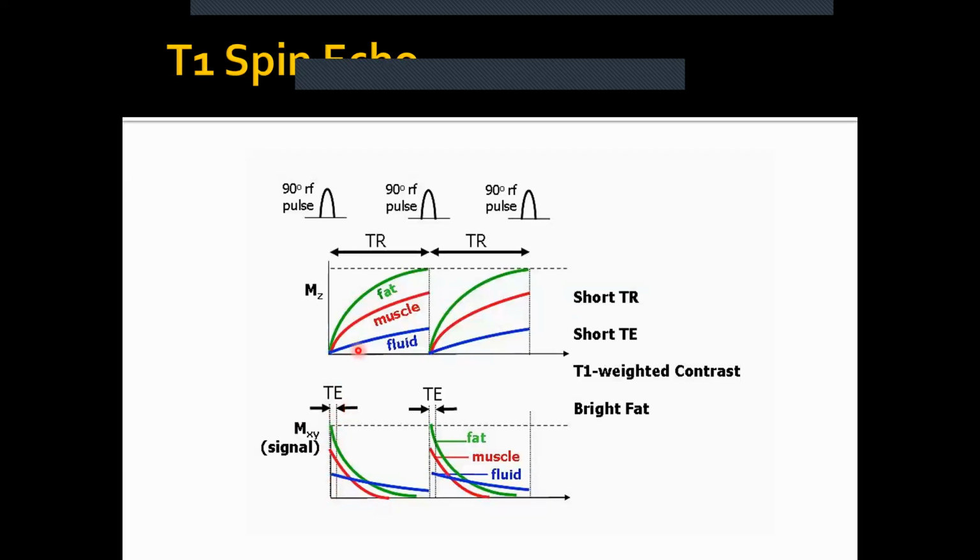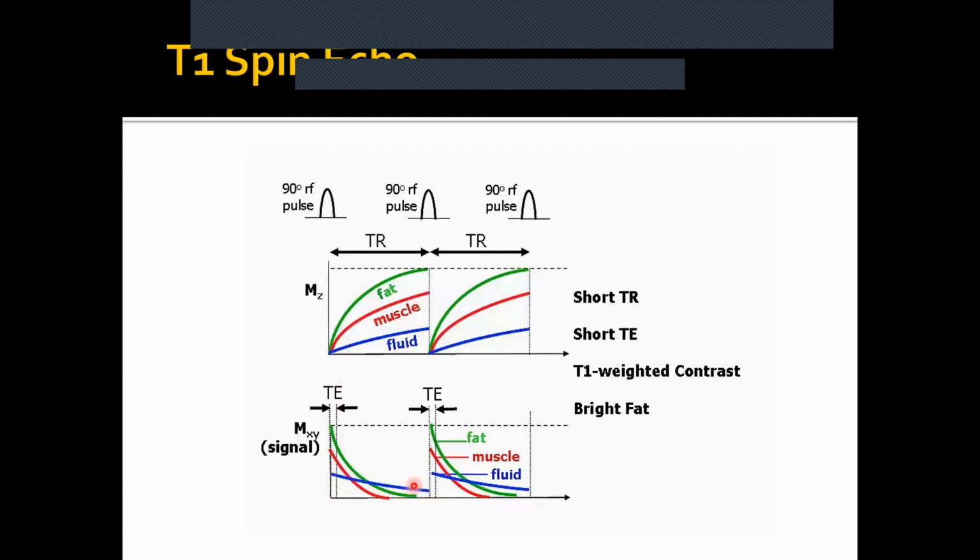So if you measure early, you get a lot of that released energy coming off the protons in this beginning phase. Whereas in the later phases, fat and muscle don't have any energy at all, and by comparison, fluid now has more energy than fat and muscle. Does that make sense? This is going to become relevant in your T2 weighted image, where you're going to be able to view your fluid as white compared to fat and muscle.